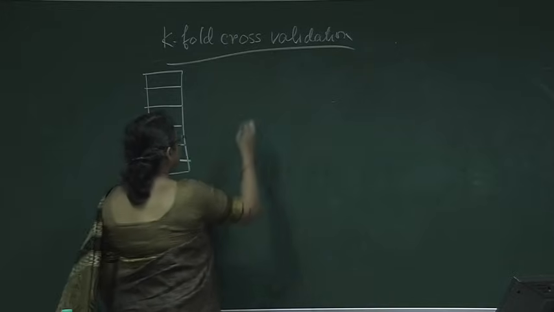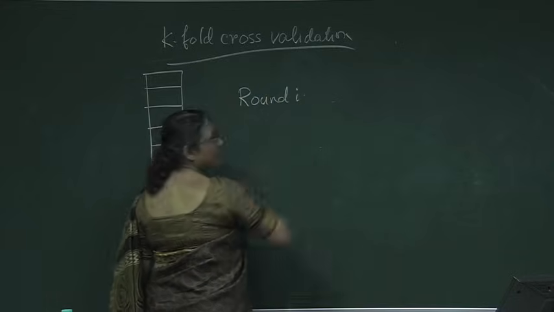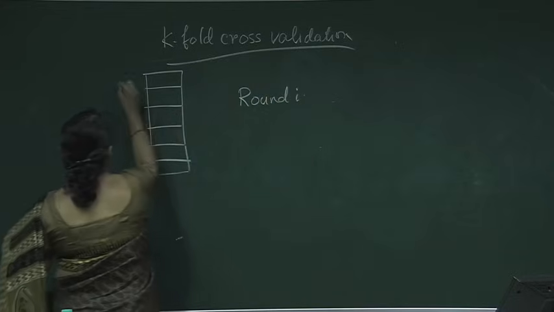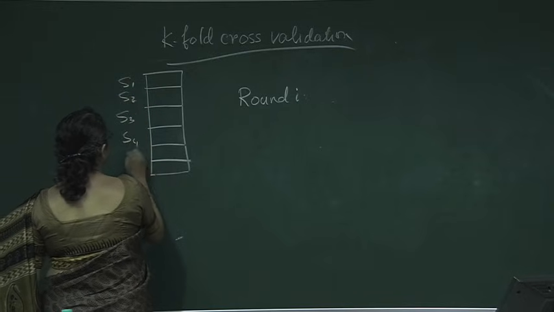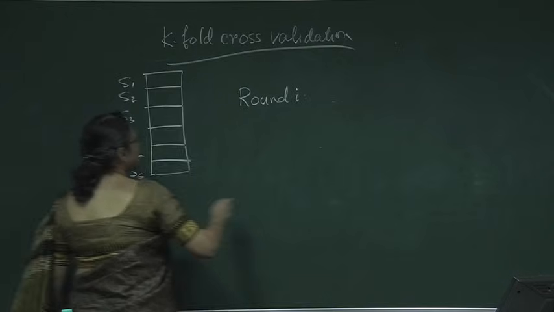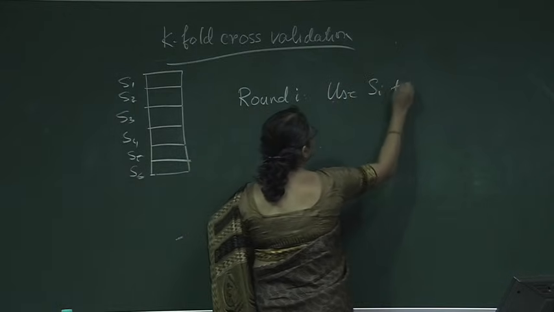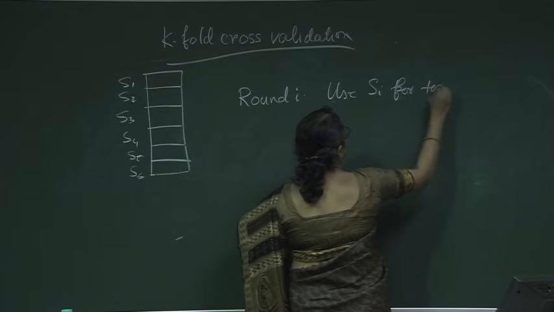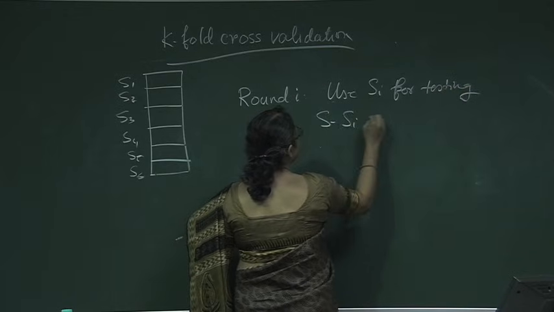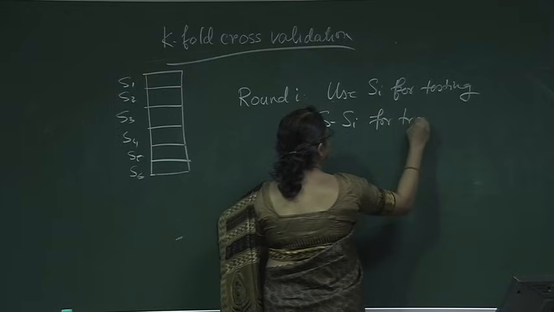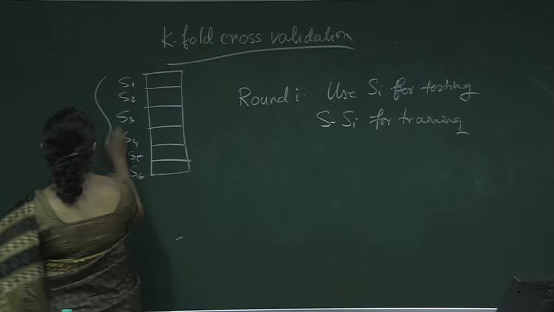In round i, suppose these are S1, S2, S3, S4, S5, S6, we will use Si for testing and S minus Si for training. Together this is S.